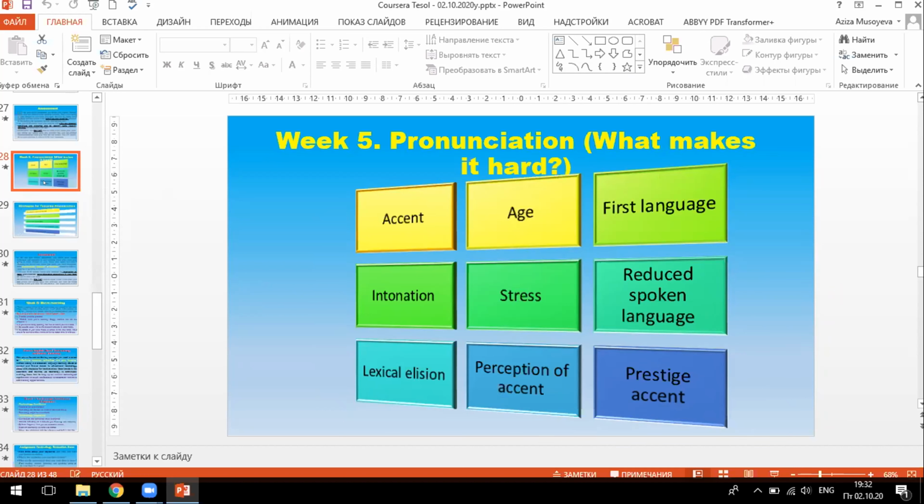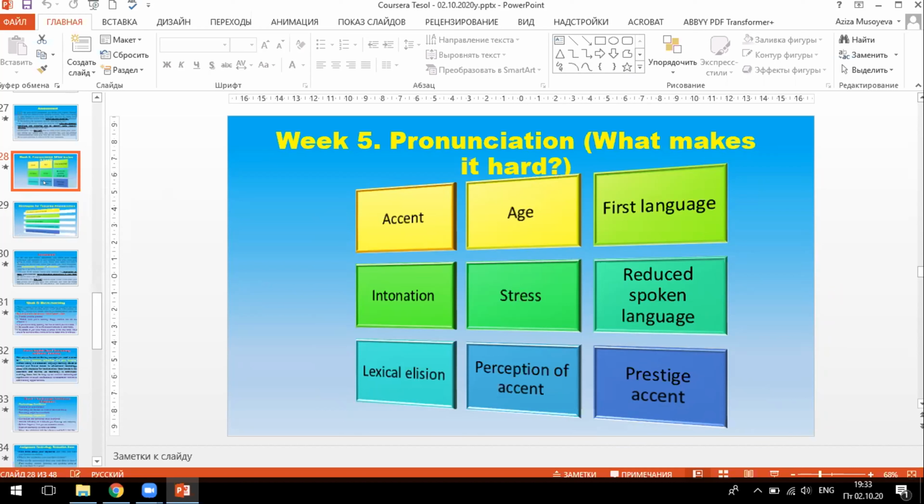Sometimes native speakers reduce their spoken language, especially they reduce the ng at the end. Instead of saying something, they say something, yes. Sometimes they reduce n and g or m.